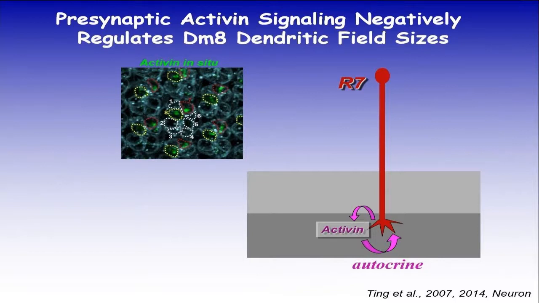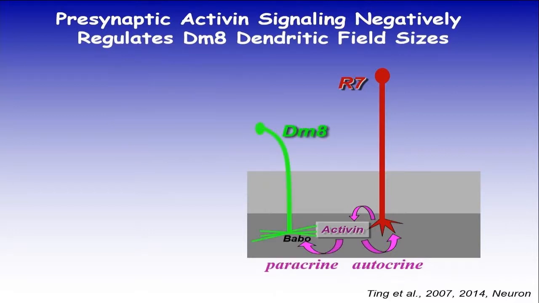So the activin is not only expressed in RA photoreceptor, but also expressed in the other photoreceptor R7, the UV sensing photoreceptor, as seen from in situ hybridization. R7 secretes activin, and several years ago we showed that through an autocrine mechanism, this controls axon guidance and prevents the axon from invading into the neighbors.